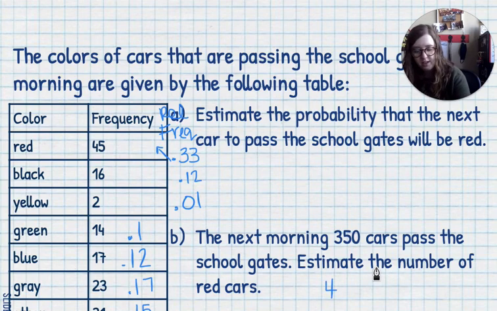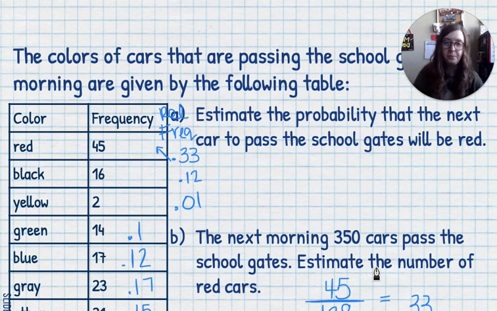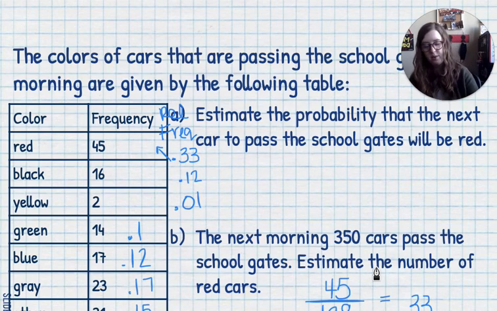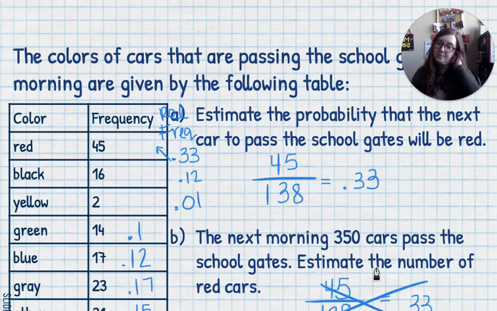There were 45 red cars, divided by our total of 138, and that gave us 0.33. I'm so sorry. We had 45 divided by 138. So we ended up with 0.33. Or you could put that as 45 over 138.